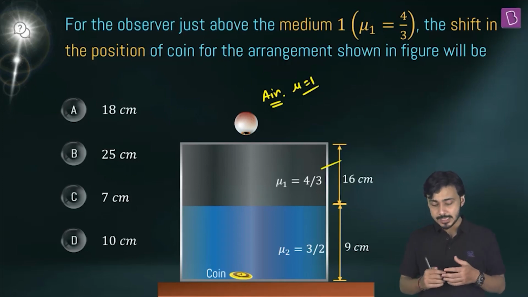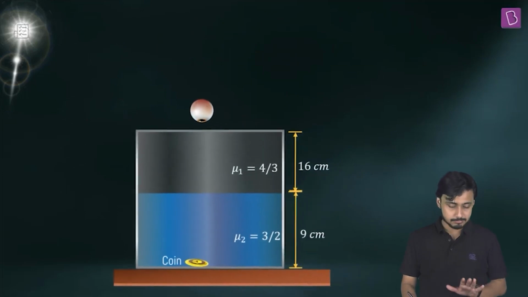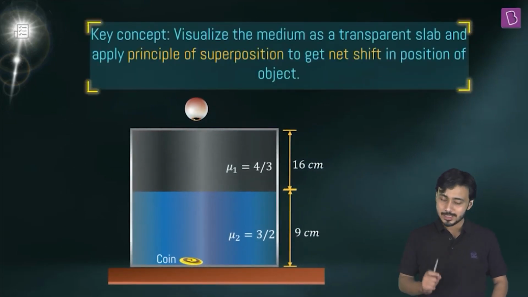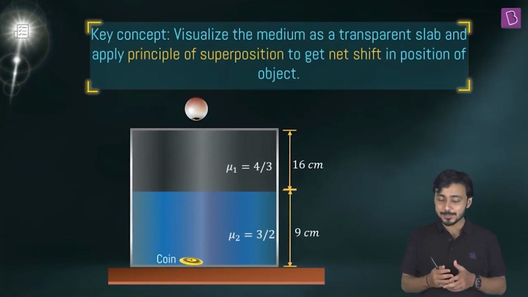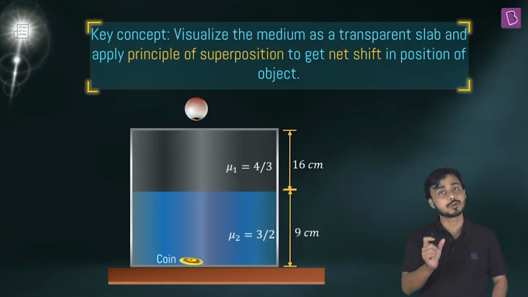Now this system can again be taken as two parallel slabs of different mu and different thickness, correct? Let's think of it in this manner. We have to visualize the medium as transparent slabs and apply the principle of superposition to get the net shift in the position of the object.